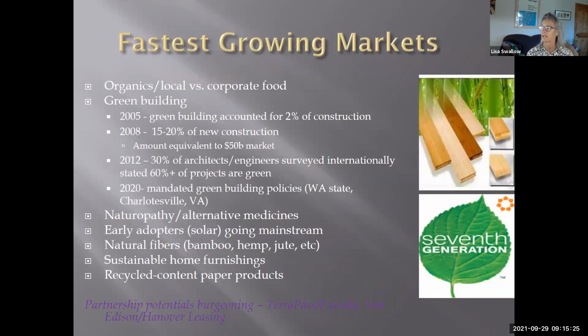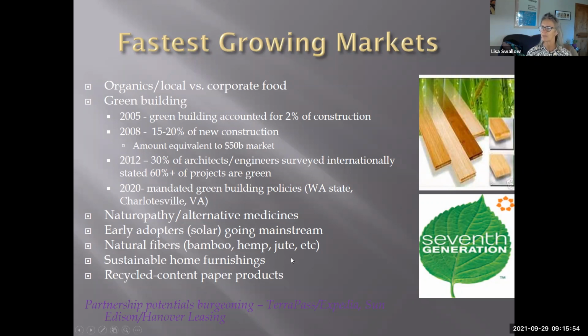And again, I've already talked about this a little bit, but you can just see all these different markets. The green segment of each of these markets is skyrocketing. Recycled content paper products. Solar 20 years ago was basically hippies or really rich people had it, and now it's very, very mainstream.